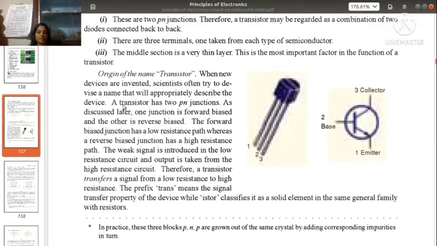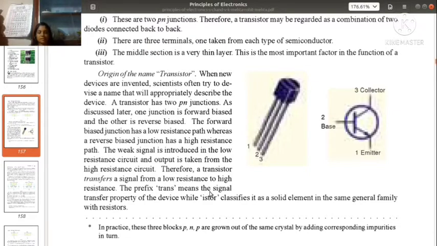A transistor has two p-n junctions, as discussed later. One junction is forward biased and the other is reverse biased. The forward biased junction has a low resistance path, whereas a reverse biased junction has a high resistance path. The weak signal is introduced in the low resistance circuit and output is taken from the high resistance circuit. Therefore, a transistor transfers a signal from a low resistance to a high resistance.